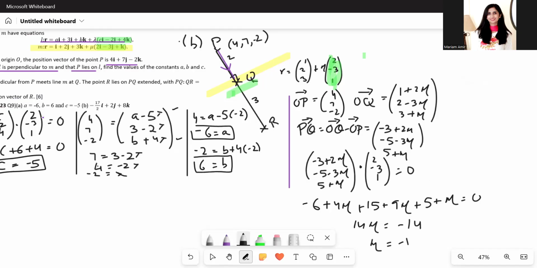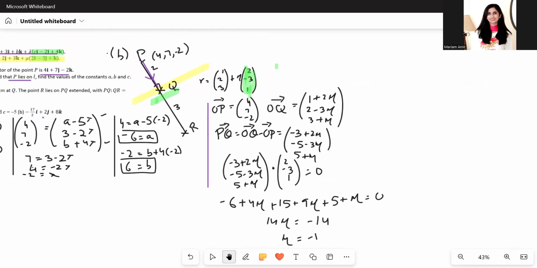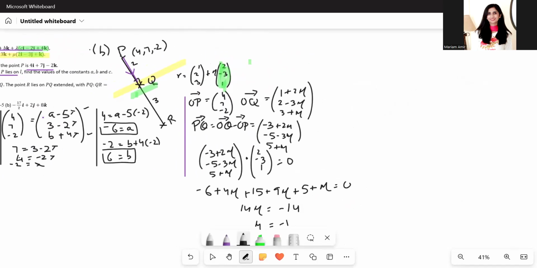Okay, so if mu equals negative 1, that means we can find the vector PQ. So then the vector PQ would be (negative 5, negative 2, and 4). Okay, that's the vector PQ.